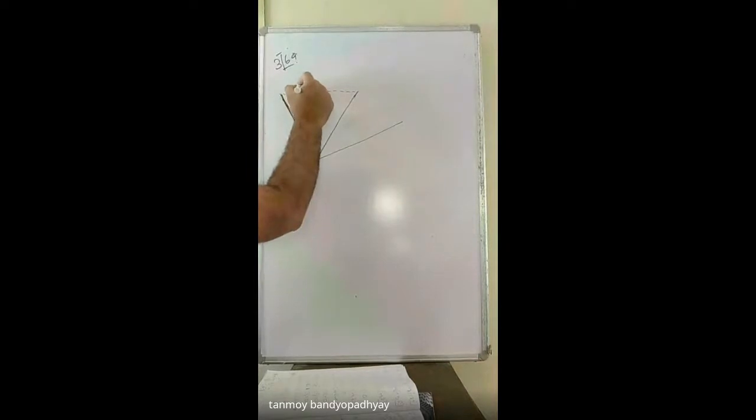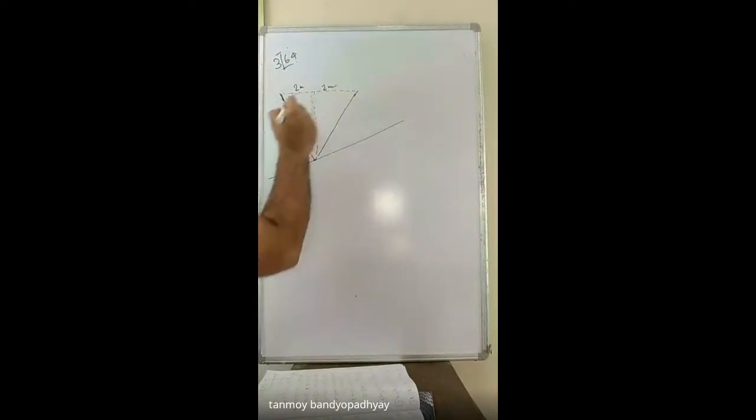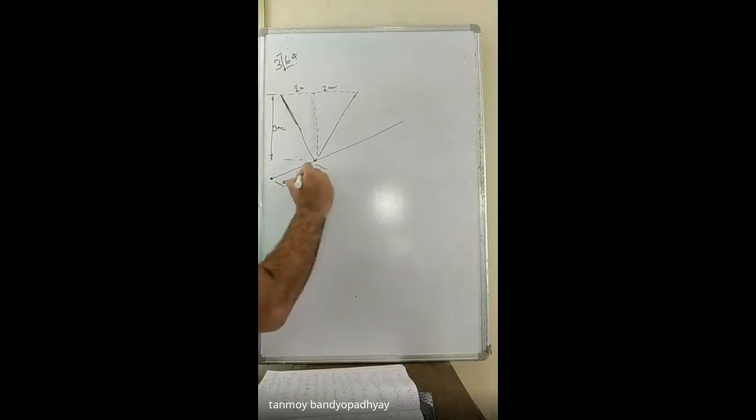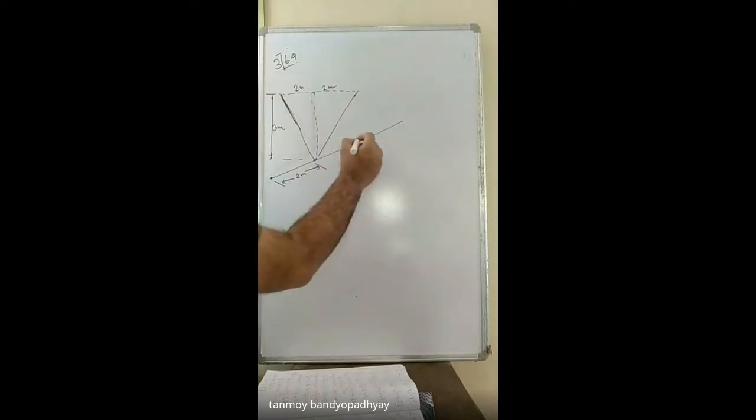So this distance is 2 meters, this distance is 2 meters, this vertical height is 3 meters. So if I go vertically, this will be 3 meters. What else? A and C, so these distances are given. So this distance is given to be 2 meters.